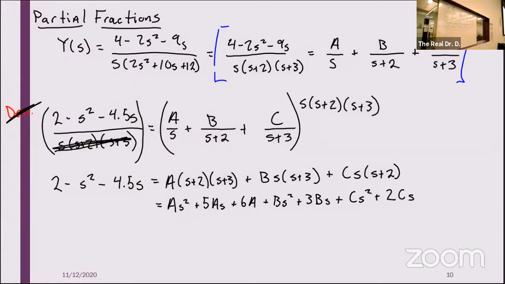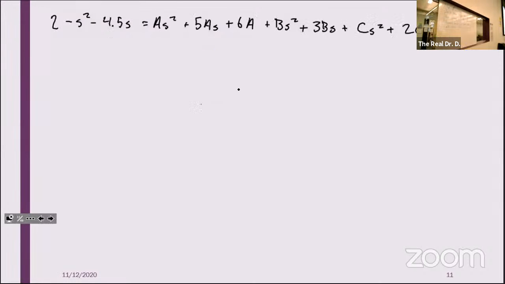We had 2 minus s squared minus 4.5s is equal to as squared plus 5as plus 6a plus bs squared plus 3bs plus cs squared plus 2cs. That's what we ended up with.